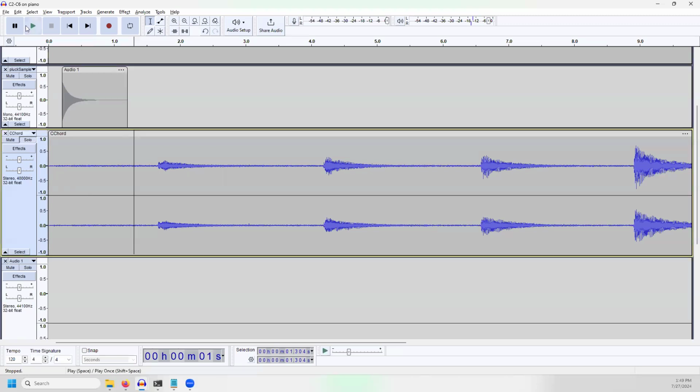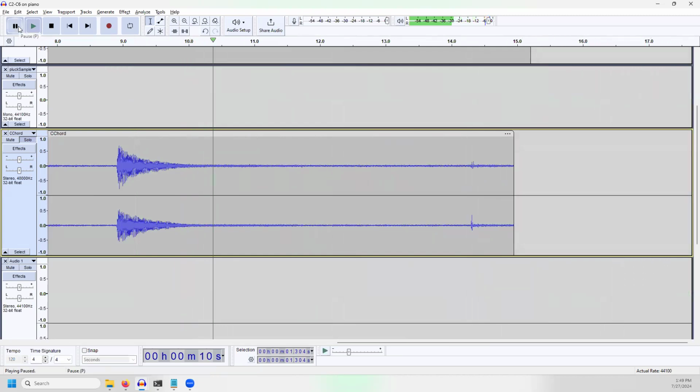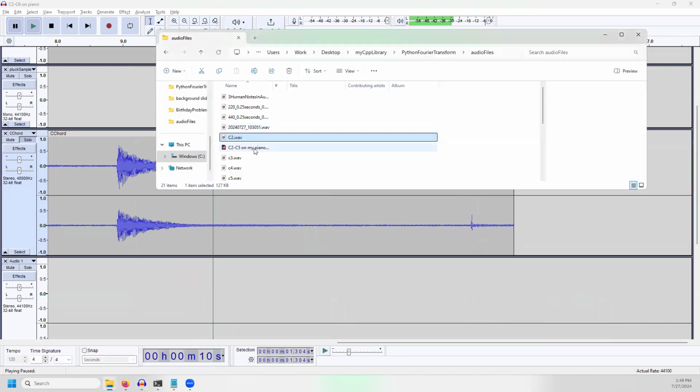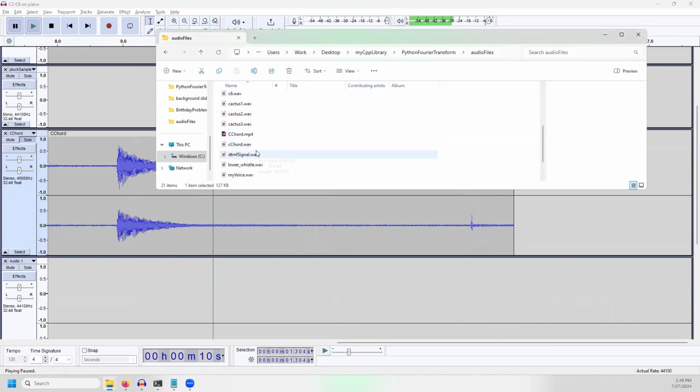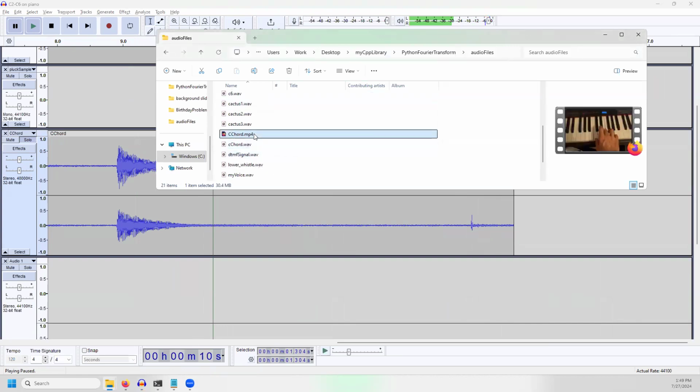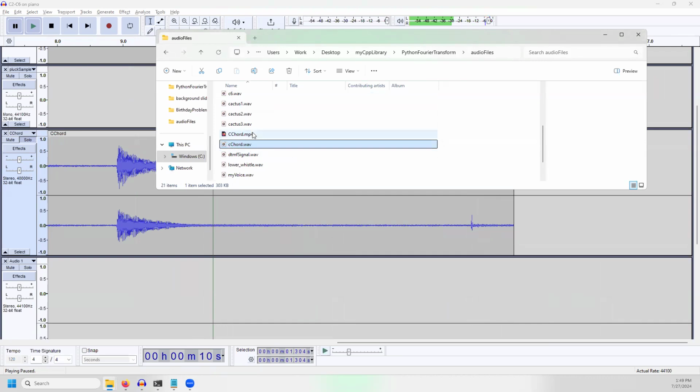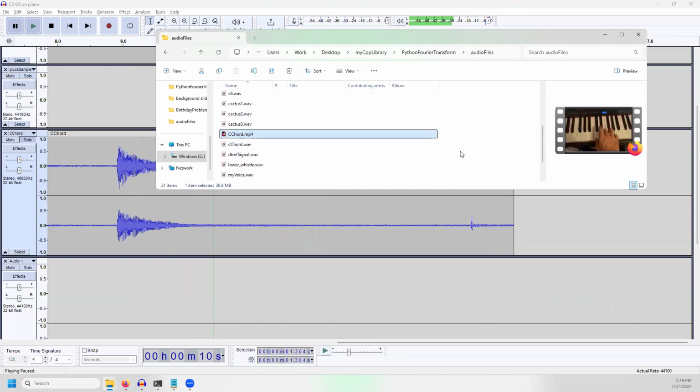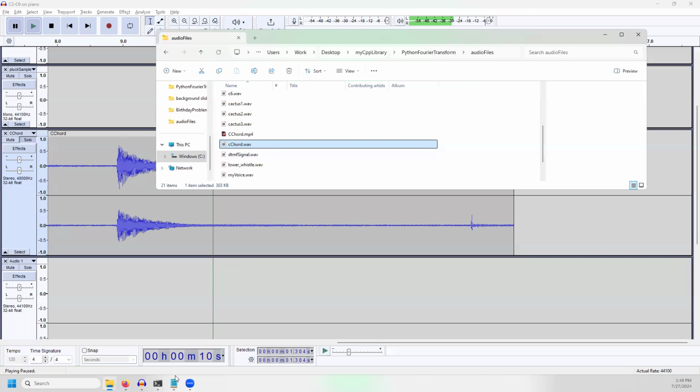So if I play this, I exported the loudest one as my wave file, the C chord.wav. The MP4 is obviously a video file of me playing these keys.